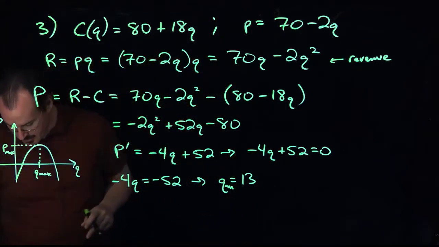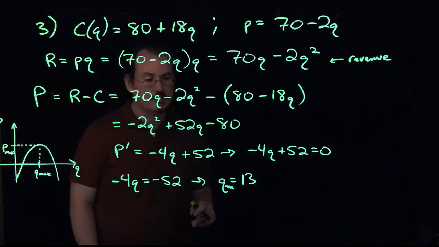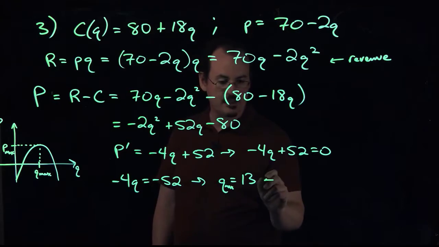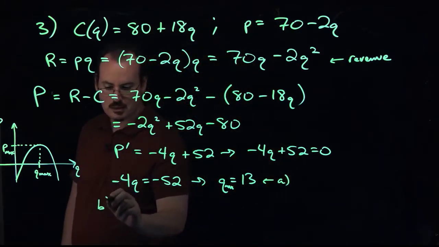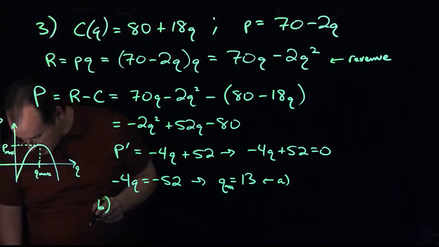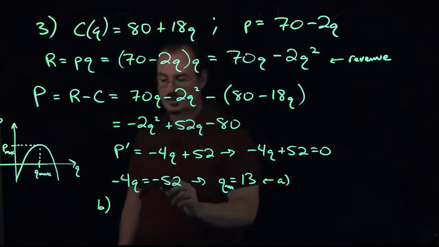That's how many we would have to sell in order to maximize profit. So in this particular problem, the way they word it is part A, we want to find the number of units that produces maximum profit. So this answer is part A. And then for part B, that's asking what is the price that will maximize profit? Well, we can find that by plugging that into here.